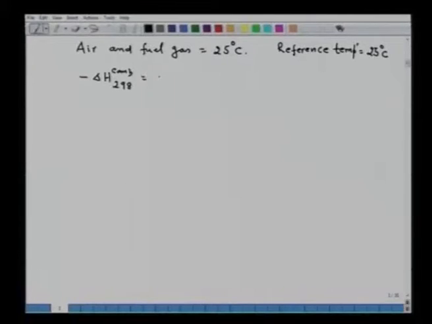So minus delta H 298, the heat of combustion, if you calculate, will come out to be 184 into 10 to the power 3 kilocalorie, when H2O is in gaseous state.